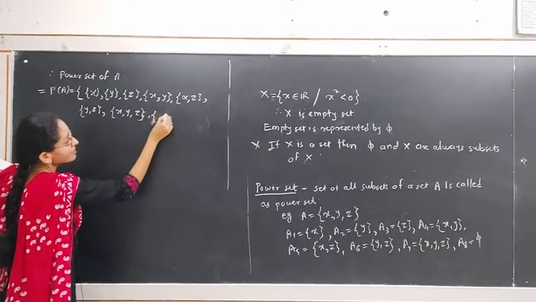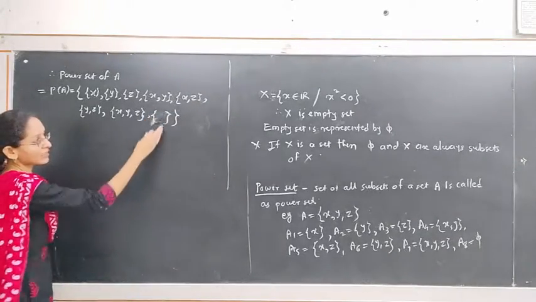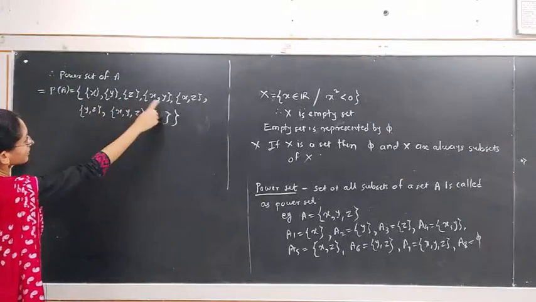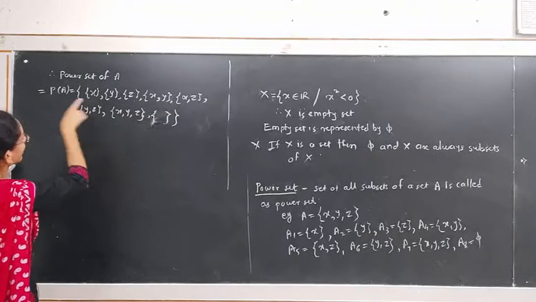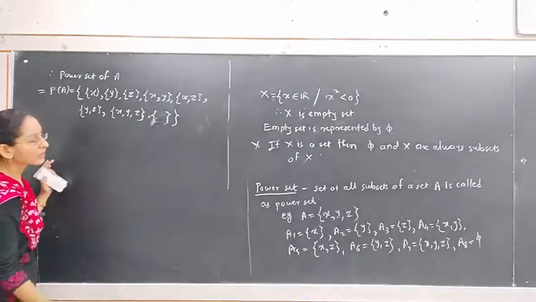We write this phi as this set, only empty curly brackets. This is also the same set, which is the empty set. These are 8 elements belonging to the power set of A.